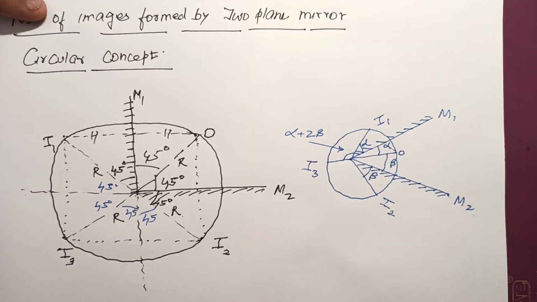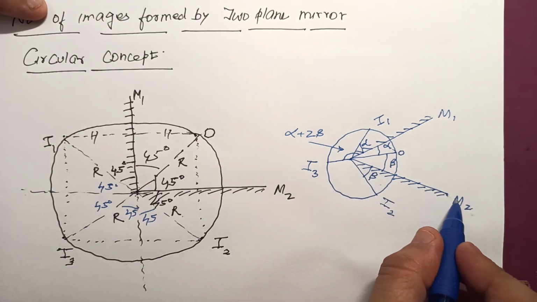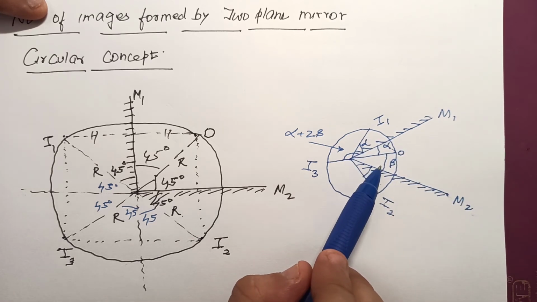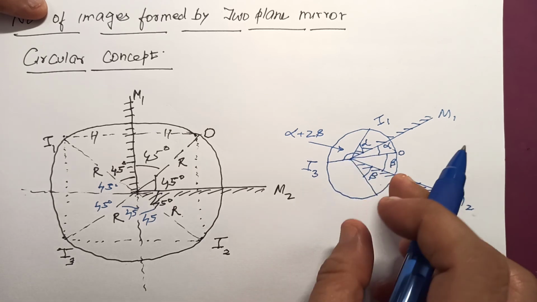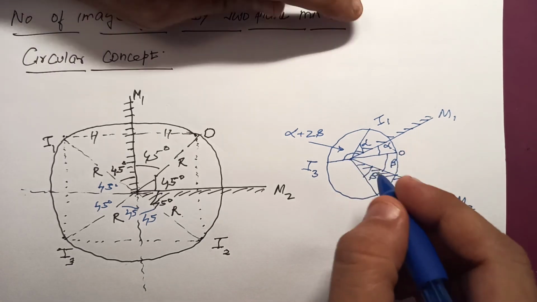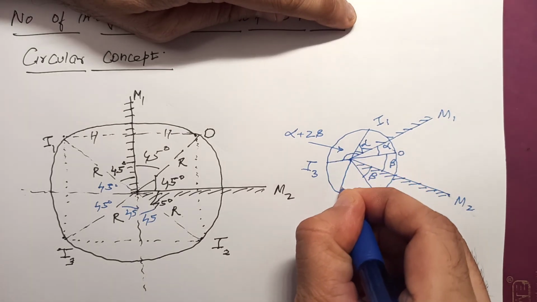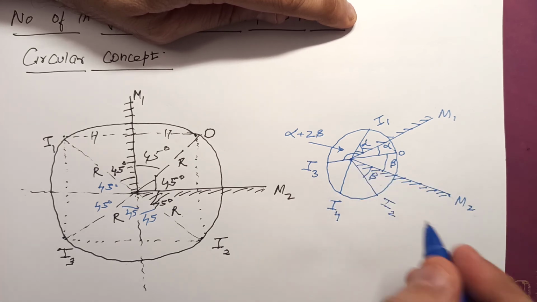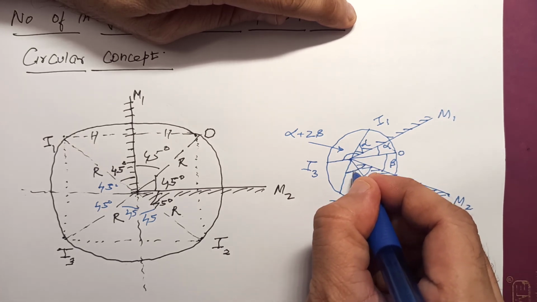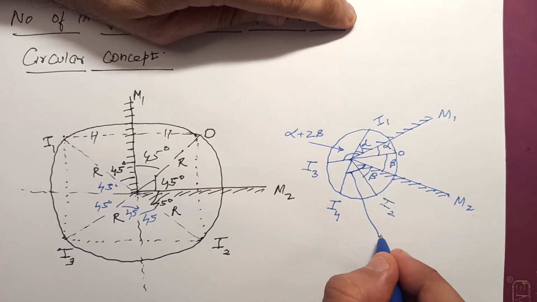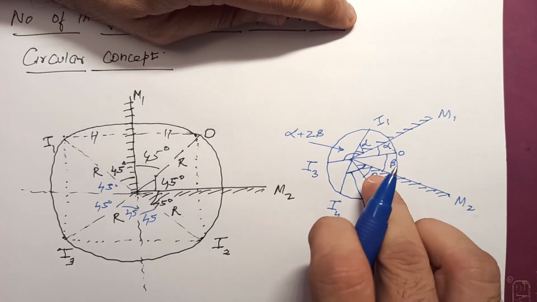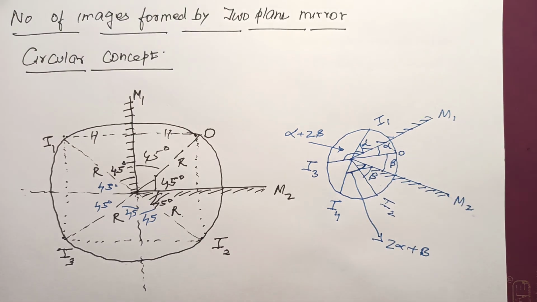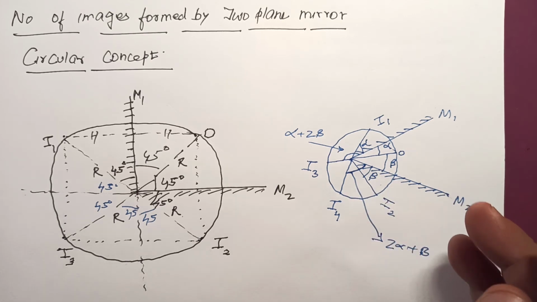Okay. Now similarly for M2, this image is at a distance of what? Alpha plus beta. So it is 2 alpha plus beta. So the image would be formed on this side somewhere here, and this would be I4, and this whole angle would be 2 alpha plus beta. Okay, and so on and so on.